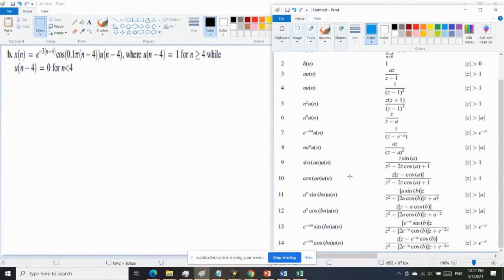It looks like number 12. No, not 12, because there is e to the power, so it's 14, because it has e to the power with cosine bn.